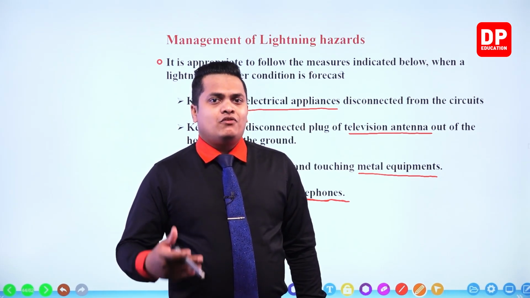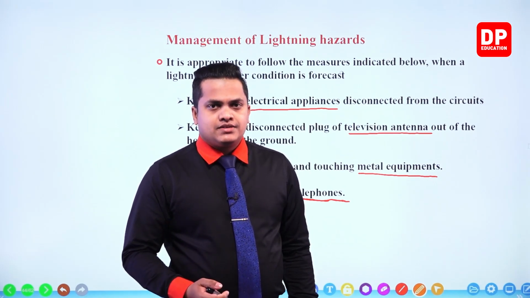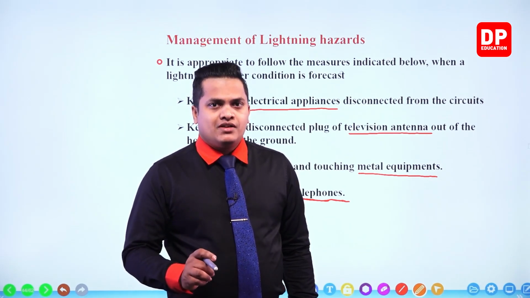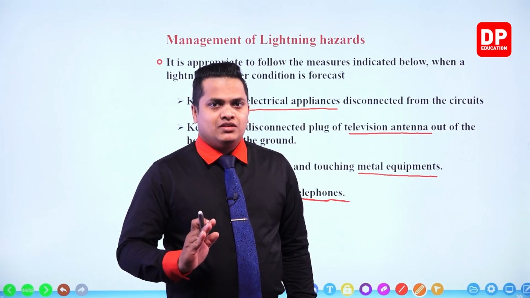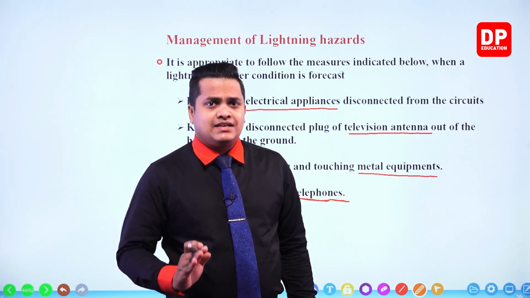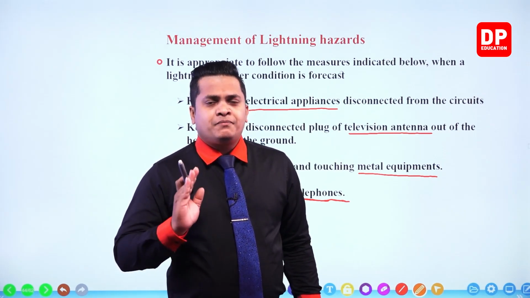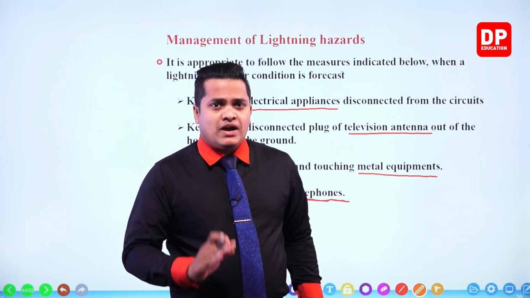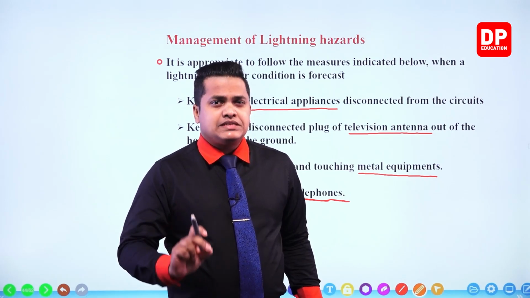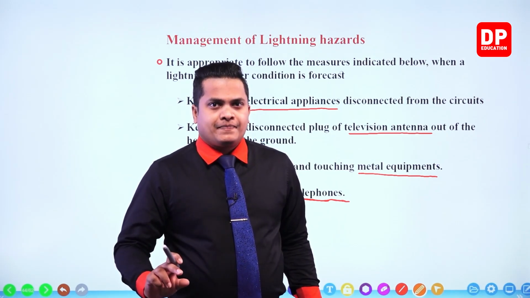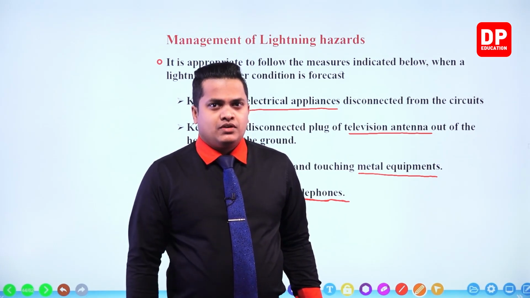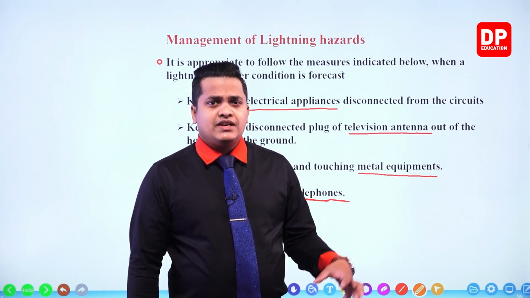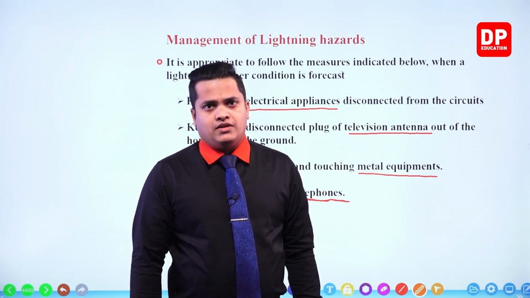If mobile phones are not conductors, then, my dear children, there is no risk. It is 100% risk free. Using a mobile phone is 100% risk free of getting a lightning stroke. Lightning strokes are not attracted to a mobile phone at all.